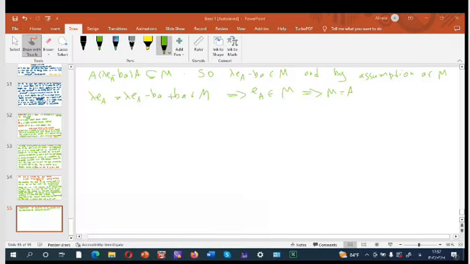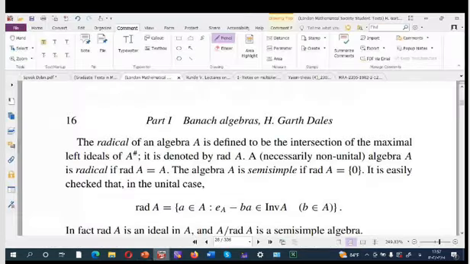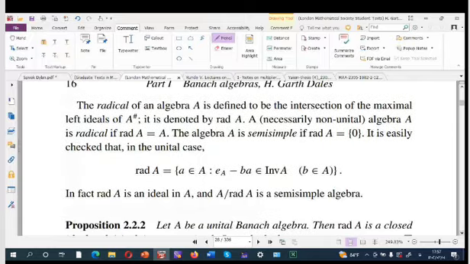So we prove this equality, and also we have some other facts such as this.